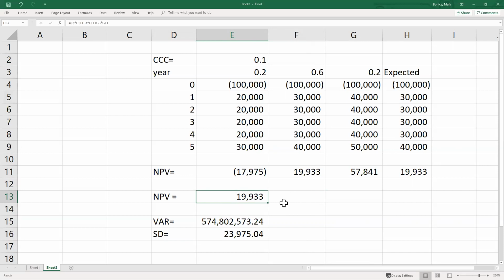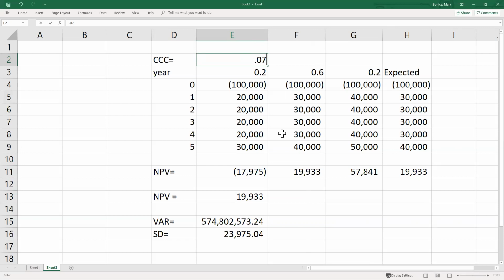If they've decided that the project has lower than average risk, all I have to do is reduce the corporate cost of capital. When I do that, my NPV is actually going to go up because I'm reducing the discount rate that is applied to the cash flows. So if they adjust by 3 percentage points down, because this is a low risk project, we're going to go from 10% to 7%.